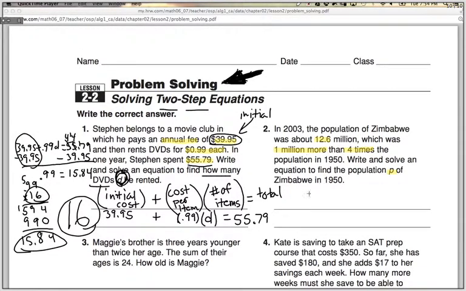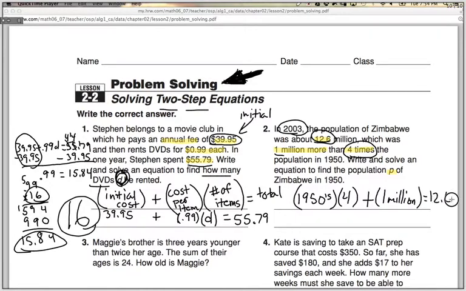We know that when we took the population from 1950 and we multiplied that 4 times, and then we added 1 million more, now we're at our current population, and that was 12.6 right now in 2003.